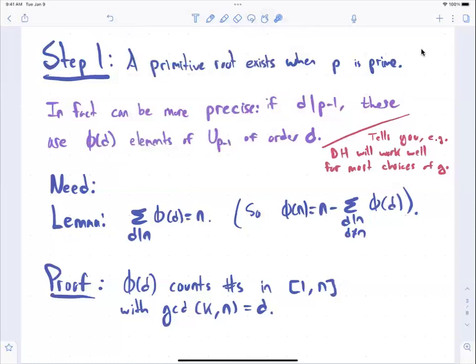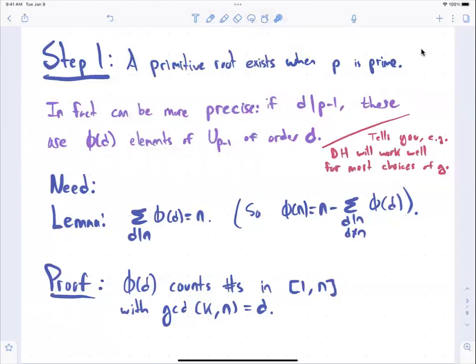If I have order 5, there are at most 4 elements of order 5, because 4 is phi of 5. So this more precise version tells you that you don't have to worry too much: if you pick g at random, there aren't that many choices of g that would give you an element of small order. So that's helpful to know theoretically when you're implementing cryptography algorithms.